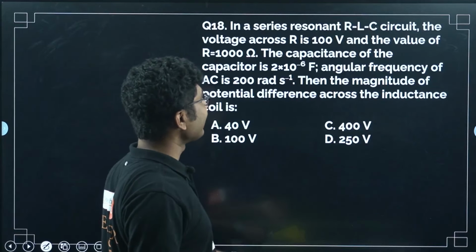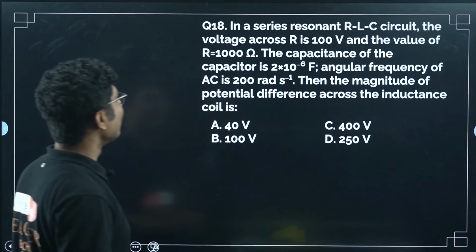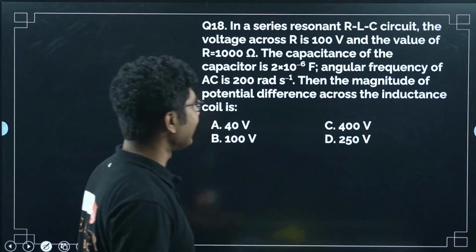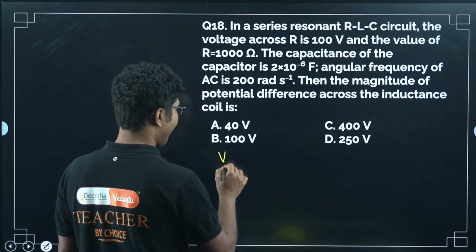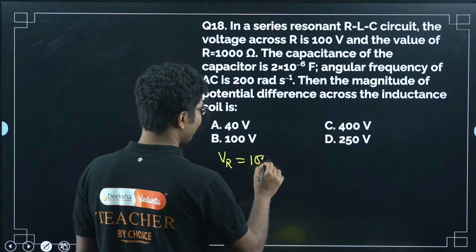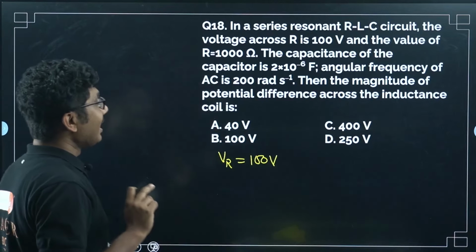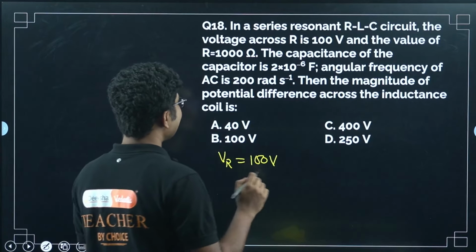In a series resonant RLC circuit, the voltage across R is 100 volts. So VR is given as 100 volts. And the value of the resistance is 1000 ohm.